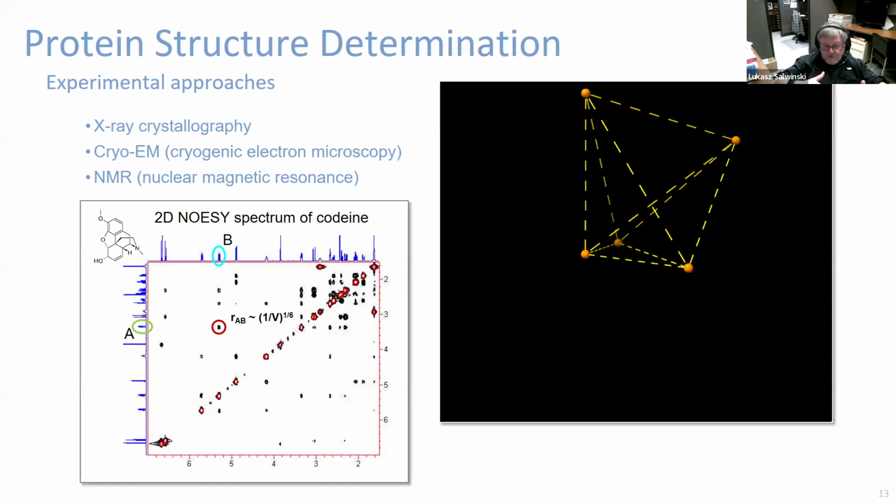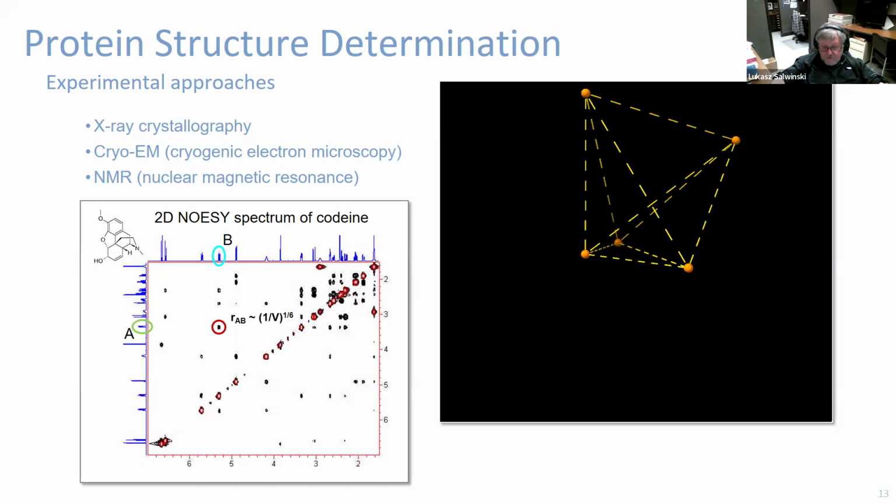So there are limitations on how large proteins you can work with using NMR. But the idea is just like here. You measure a collection of distances between nuclei of different atoms, and then you use those distances to build a three-dimensional model of the protein structure, and that's what's coming out of NMR.